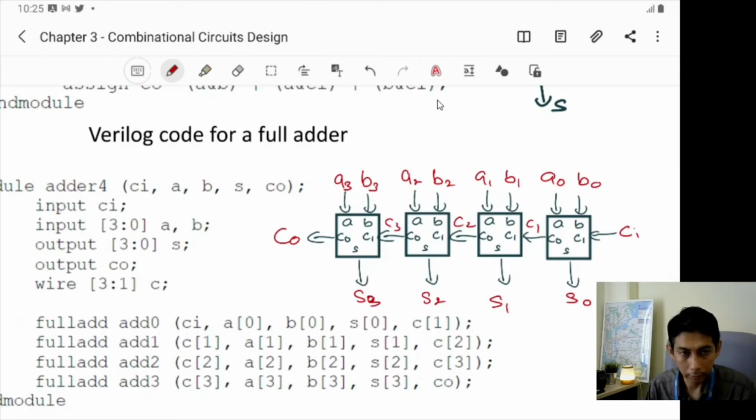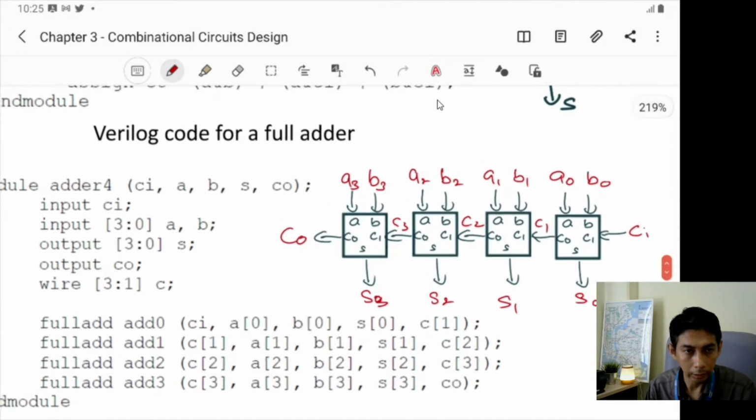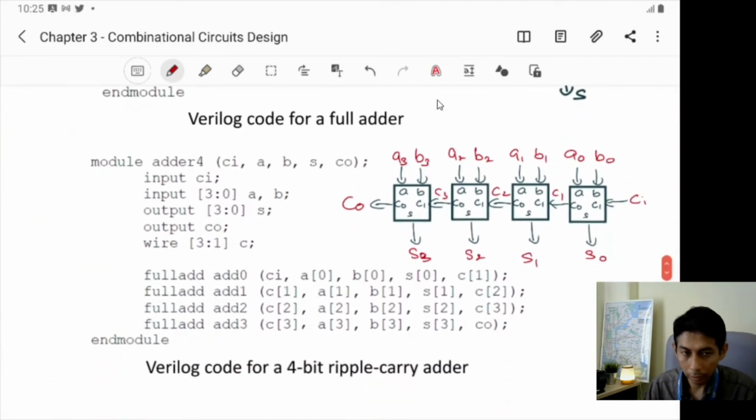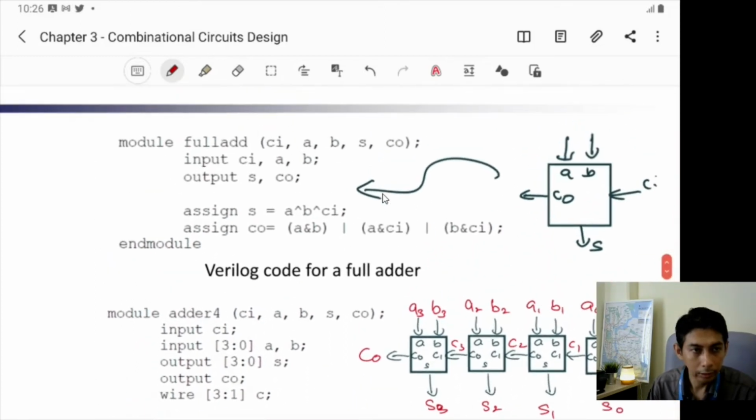Okay, so now let's look at the code. How do we write the code for this one? This is 1 unit here, inside here, inside here, inside here, and inside here.